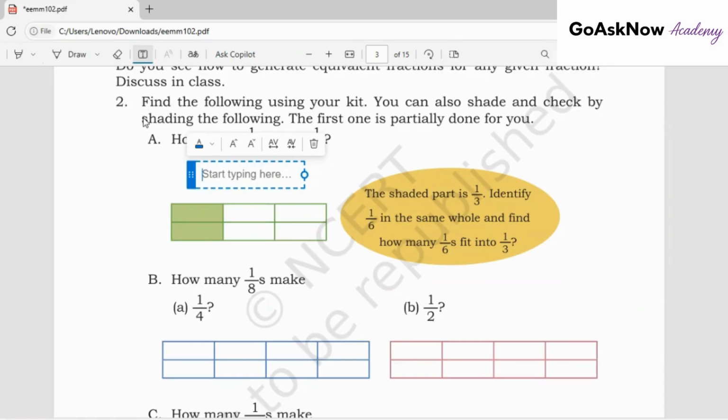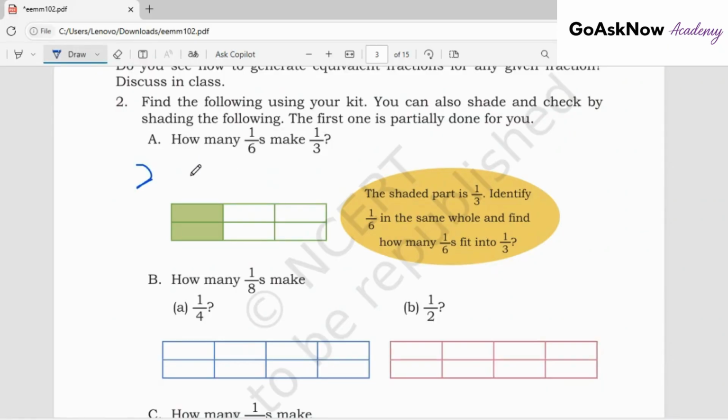Let us calculate here. 2 into 1 by 6 is 2 by 6, which is 1 by 3. There are 6 parts: 1, 2, 3, 4, 5, 6. Here 2 is added. The answer is given.